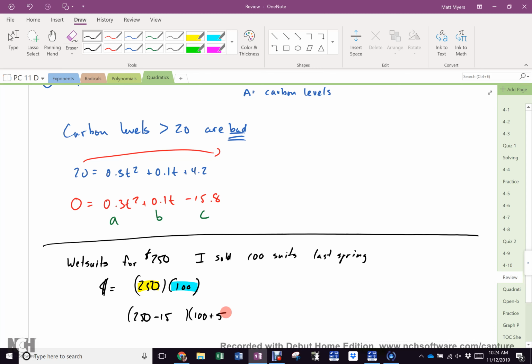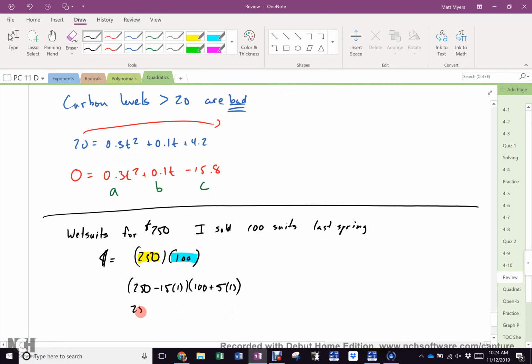It would go up, yes? So if I lowered the price by 15 once, I would sell 5 more suits, yes? What if I lowered the price by 15 twice? What would happen? 100 plus 5 twice, yes?